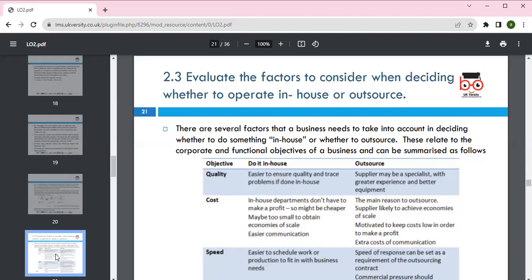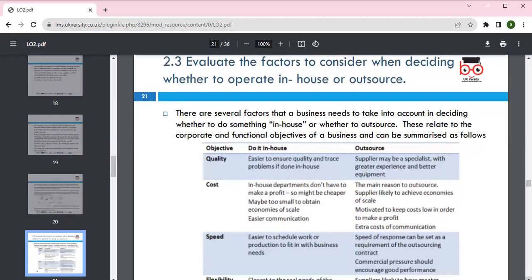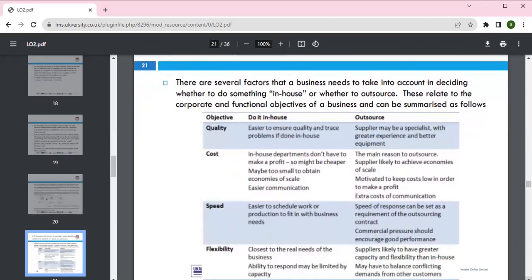An outsource supplier may be a specialist with greater experience and better equipment. Then we can look at the cost of the in-house department, how much it costs, and the reason for outsourcing should be clearly identified. Maybe you don't have the capacity to produce a certain good, so you outsource. Speed: it is easier to schedule the work and production to fit business speed, and response can be set in the requirements of outsourcing.